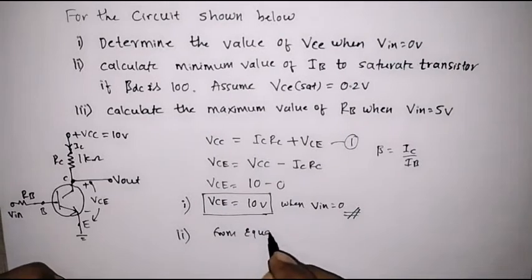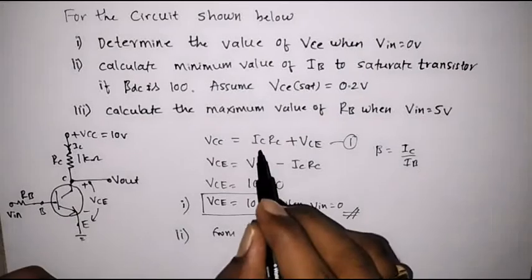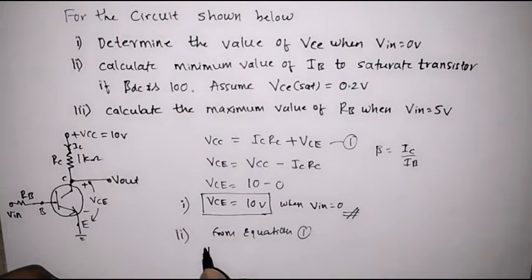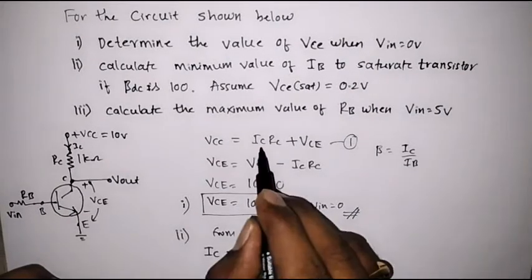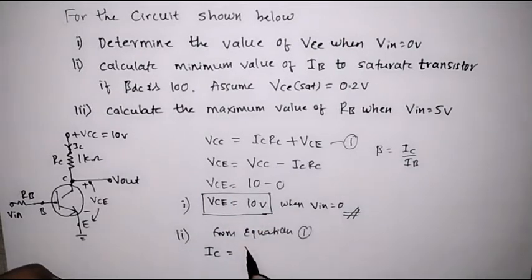So now from equation 1, I can write IC is equal to VCC minus VCE divided by RC.